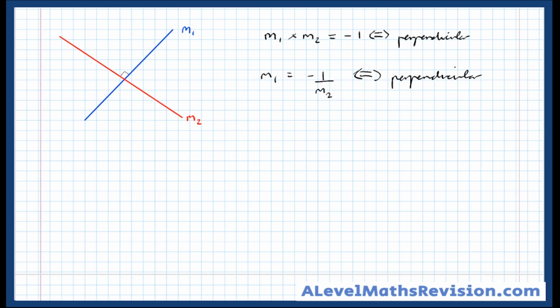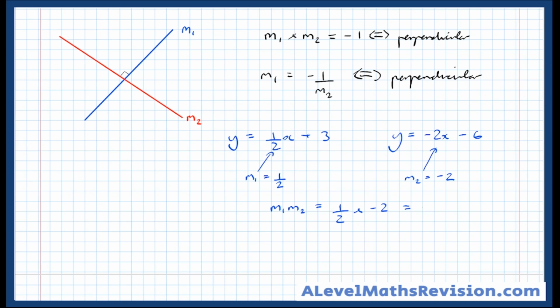So for example, y equals 1/2 x plus 3 and y equals minus 2x take 6. They are perpendicular lines because the gradient of this one is 1/2, and the gradient of this one equals minus 2. So m1, m2, multiplying both the gradients together is 1/2 times minus 2 equals minus 1.